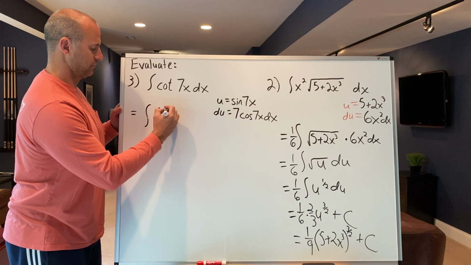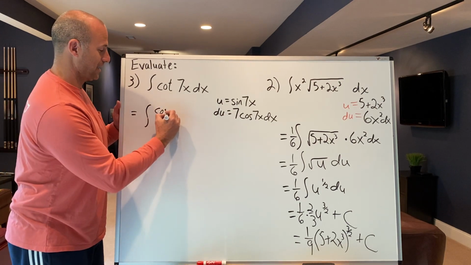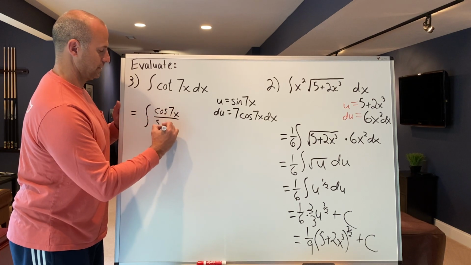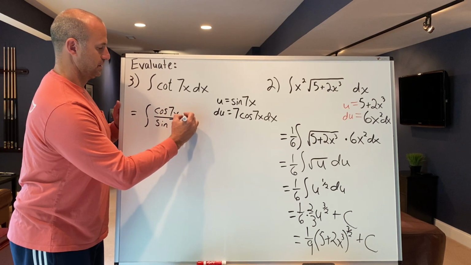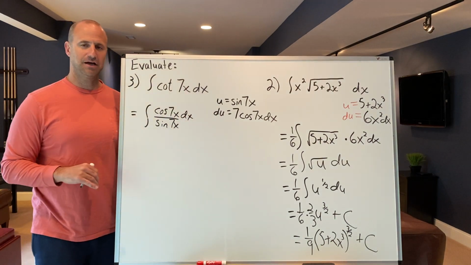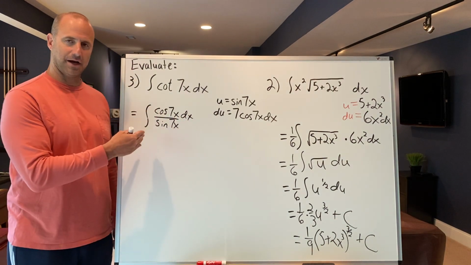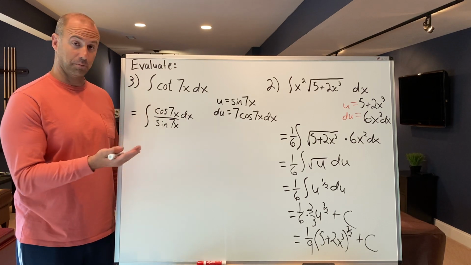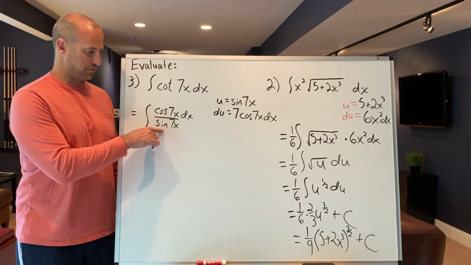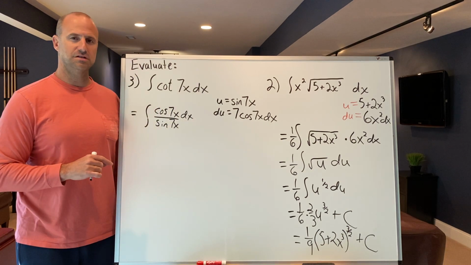Cotan of 7x, cosine, third time's the charm, of 7x over sine of 7x dx, of course. Now if you rewrite it, that's not even calculus, that's pre-calc, but if you rewrite it like that, now we are perfectly set up that if I choose one part for my u, the other part is my perfect du.